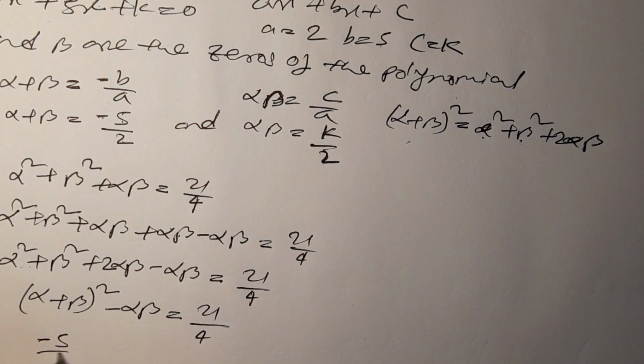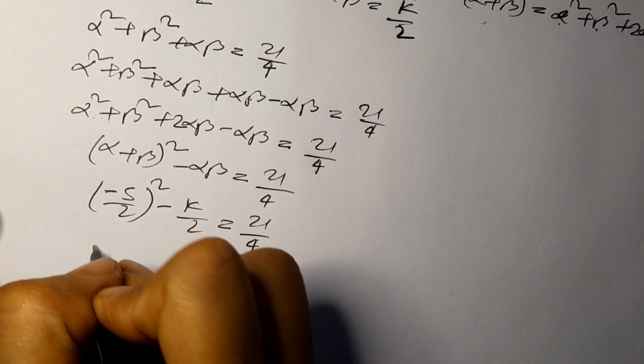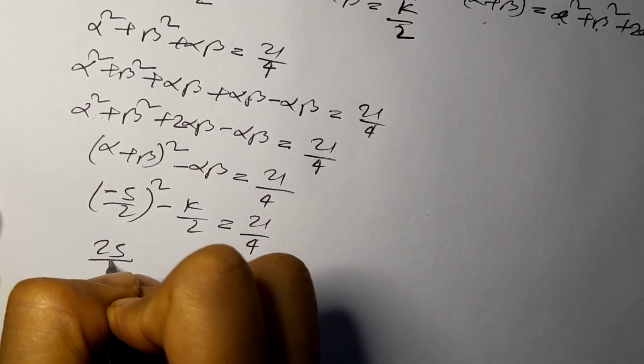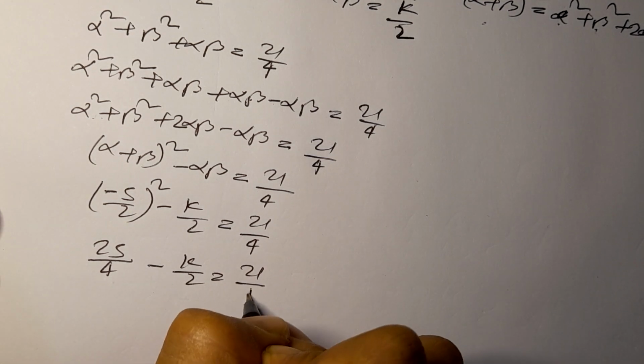So minus 5 by 2 whole square minus alpha beta, that is k by 2. Our main target is to find the value of k. So it is 25 by 4 minus k by 2 equal to 21 by 4.